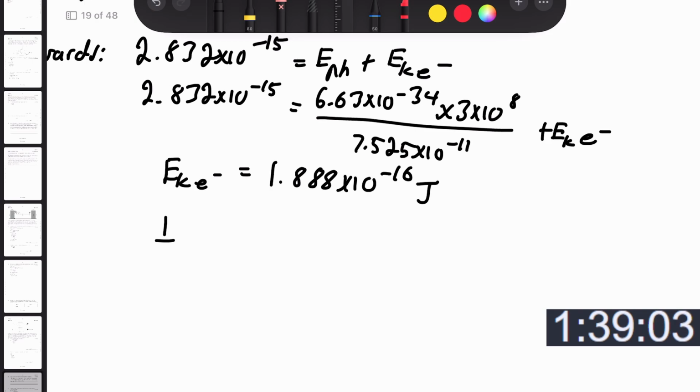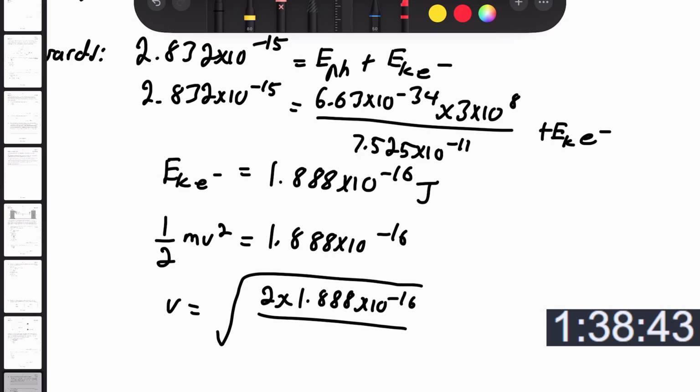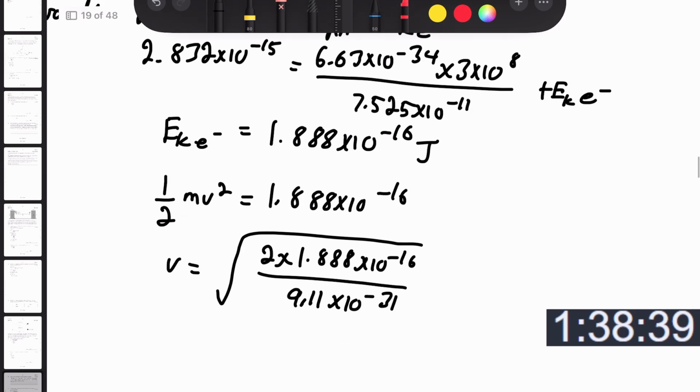So then half of mv squared is going to be 1.888. So then v is going to be the square root of 2 times that, all over 9.11 times 10 to the negative 31.